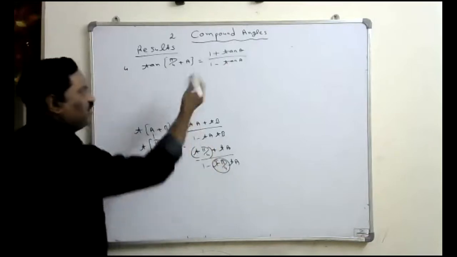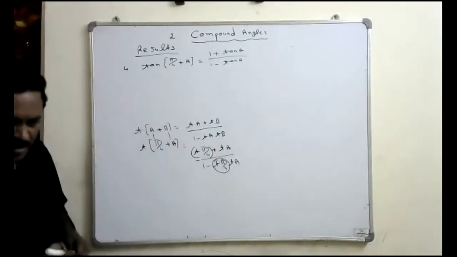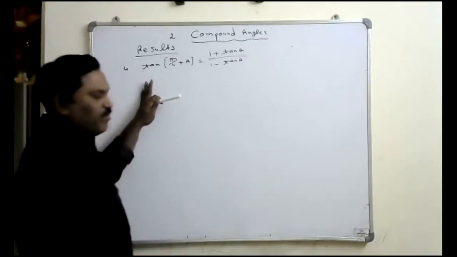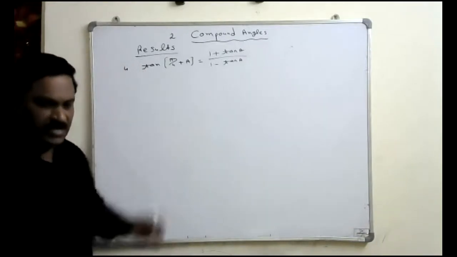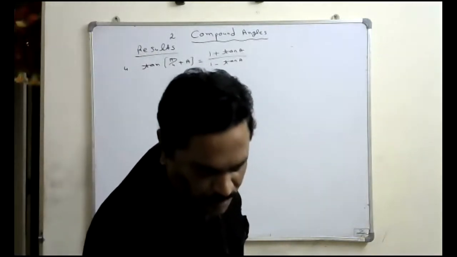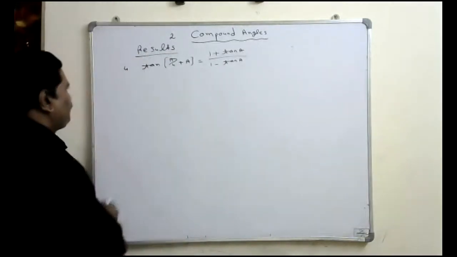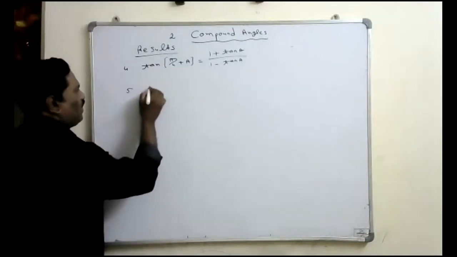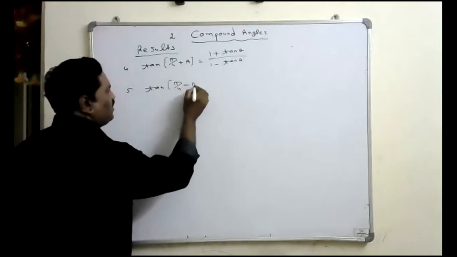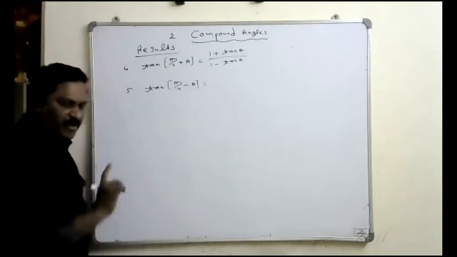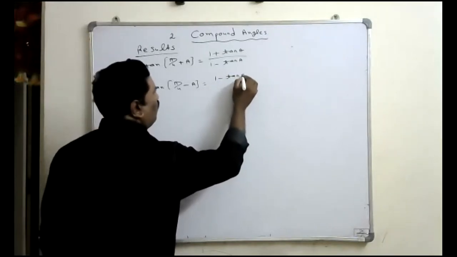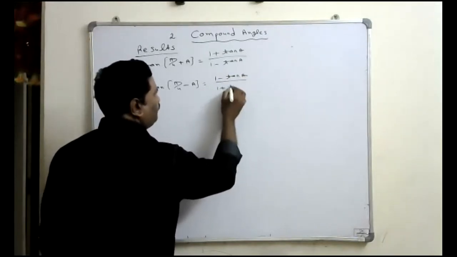If you substitute the 1 there, it becomes 1 plus tan A upon 1 minus tan A. Therefore, you can directly remember that the formula for tan of pi by 4 plus A will give 1 plus tan A upon 1 minus tan A. Okay. Similarly, tan of pi by 4 minus A is 1 minus tan A upon 1 plus tan A.